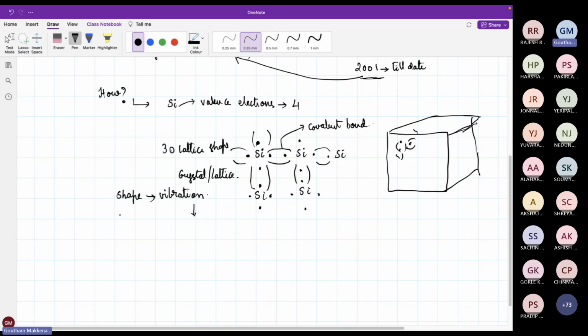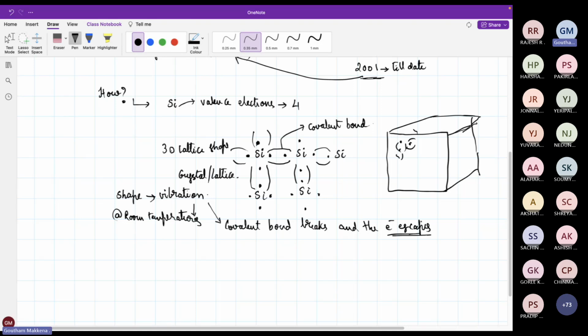At room temperature, there will be some vibrations in the crystal because of the temperature, and sometimes the covalent bond breaks, and the electron escapes the covalent bond.